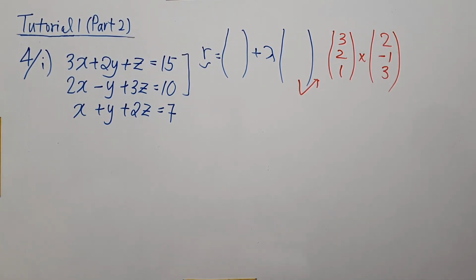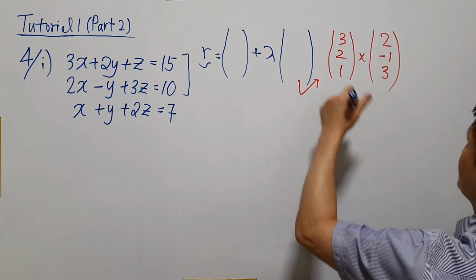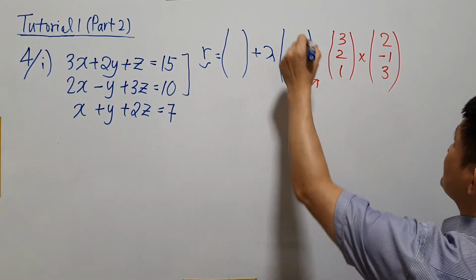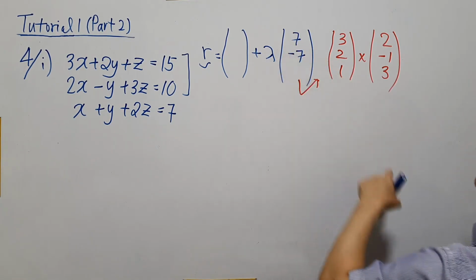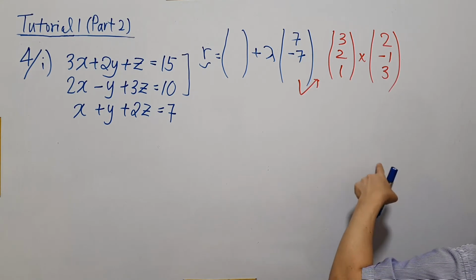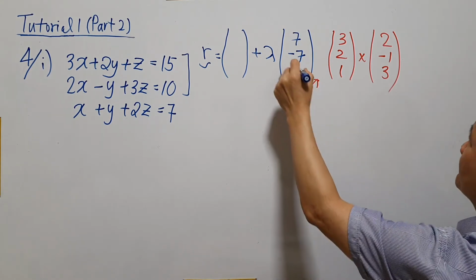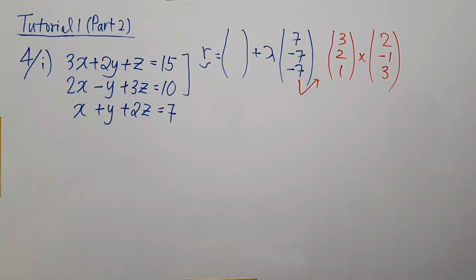So how do you perform the cross product again? I'm sure you know by now. If I do the cross product, I am going to get 7, minus 7, minus 7, right? I'll get this as my direction vector on the line.